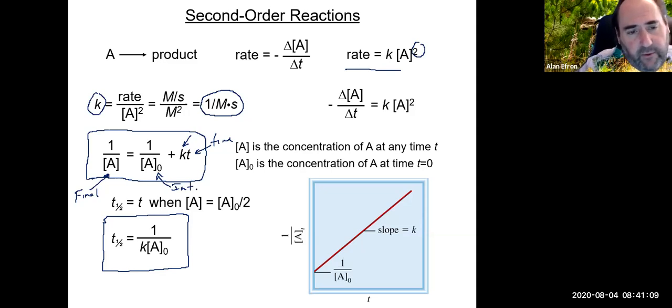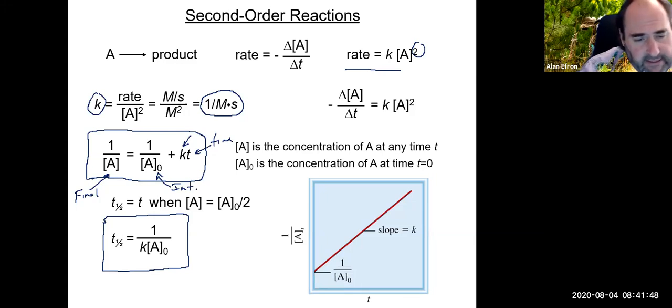Unlike first order, where the half-life is not affected by the initial concentration, because it's the natural log of 2 divided by K, just a rate constant, or how fast the reaction is happening, here in a second order reaction the half-life is affected by the initial concentration. So the higher the initial concentration, the smaller the half-life will be, and the smaller the initial concentration, the larger the half-life will be.